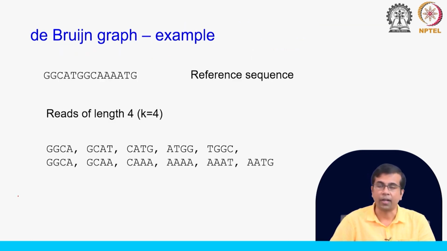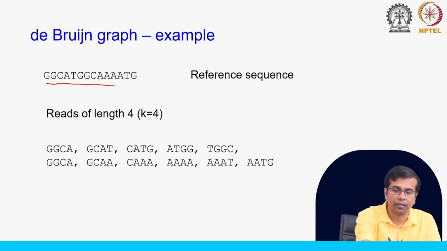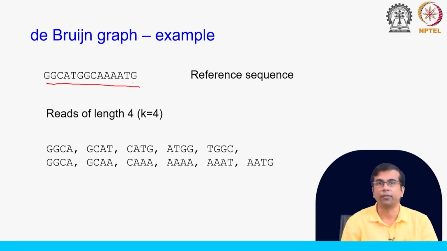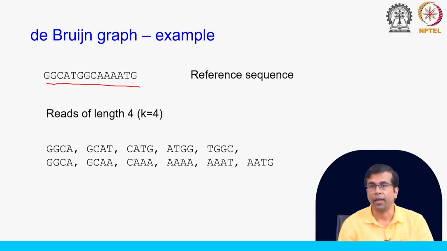So, let us start with the same example that we actually worked with in the last class. Here is the reference sequence on top. You can see it is the same reference sequence that we talked about in the last class. Then we have reads of length 4, so here k equals 4, and I have written down all these 4-mers for this reference sequence.